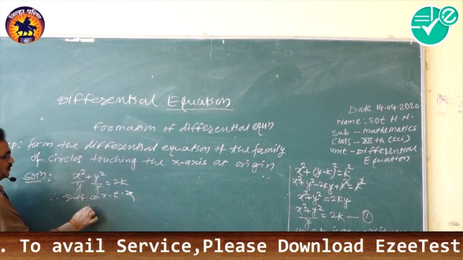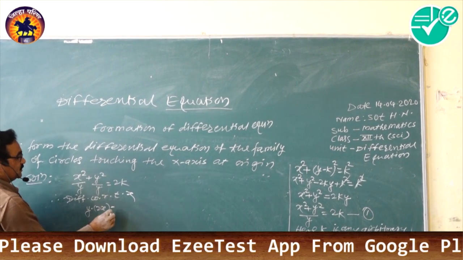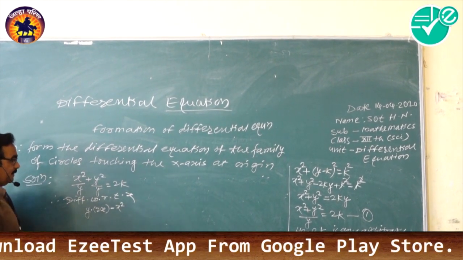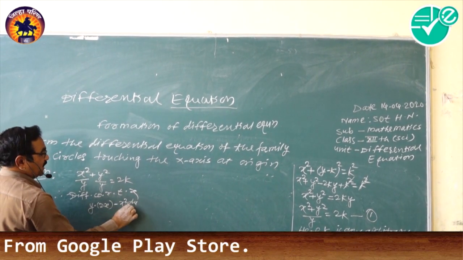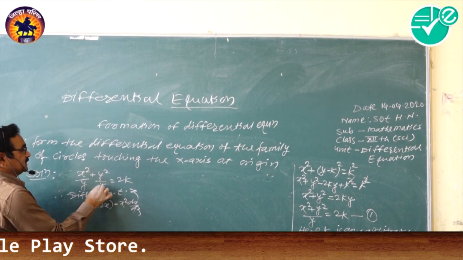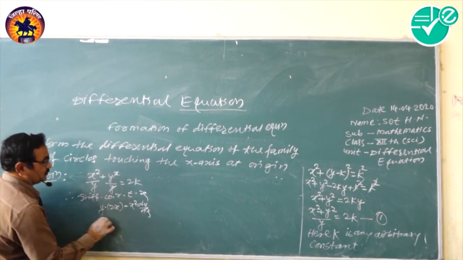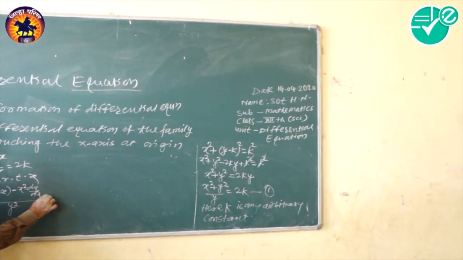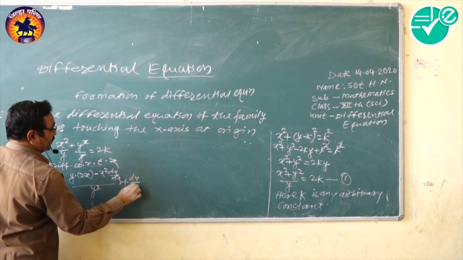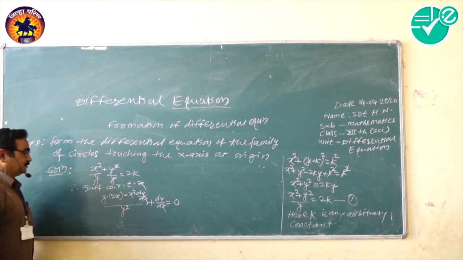This becomes y into 2x minus x square plus y square into dy by dx, upon y square, equal to 0.